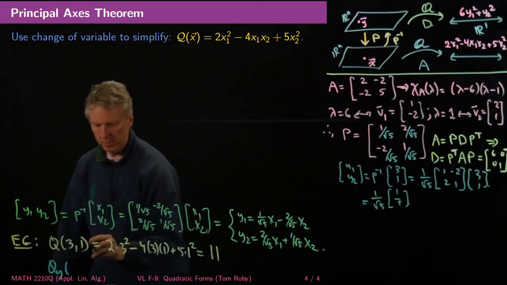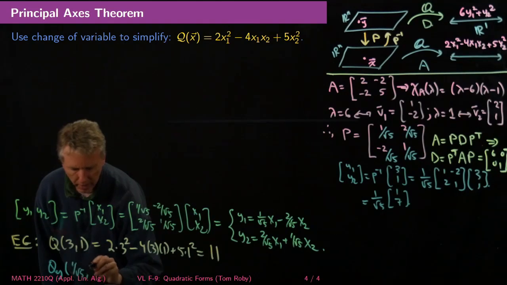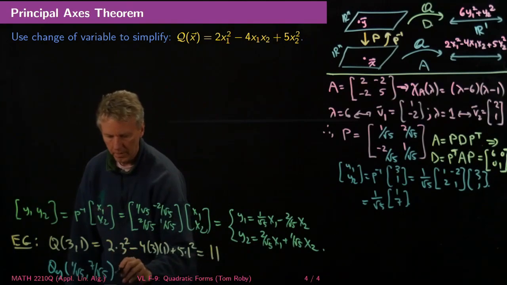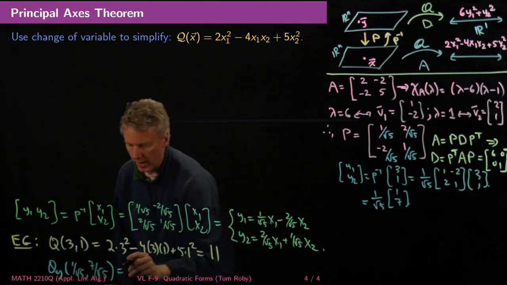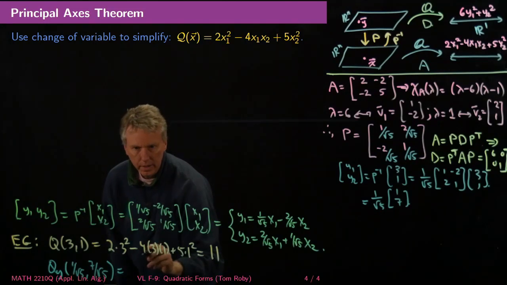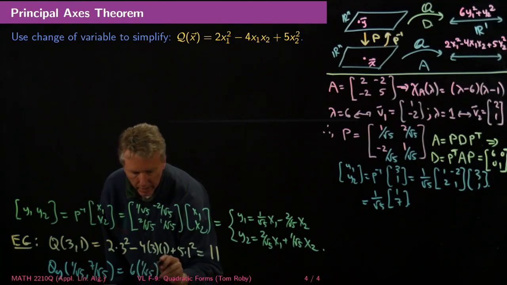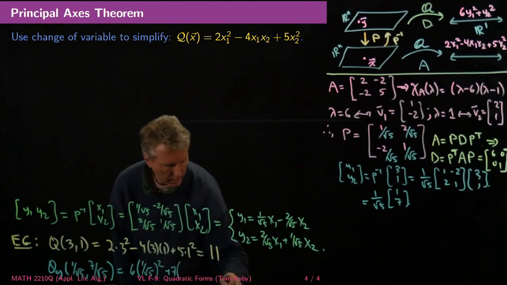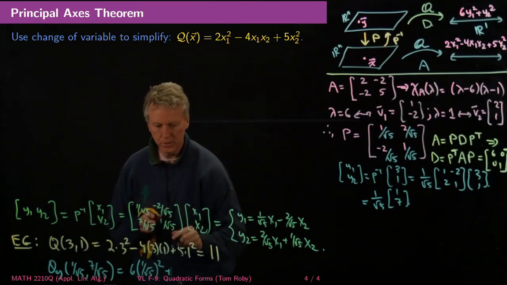Okay? So now if I apply q_y to 1 over the square root of 5, 7 over the square root of 5, with respect to these coordinates, it's 6y1 squared plus y2 squared, right? So I get 6 times 1 over the square root of 5 squared plus 7 over the square root of 5 squared.